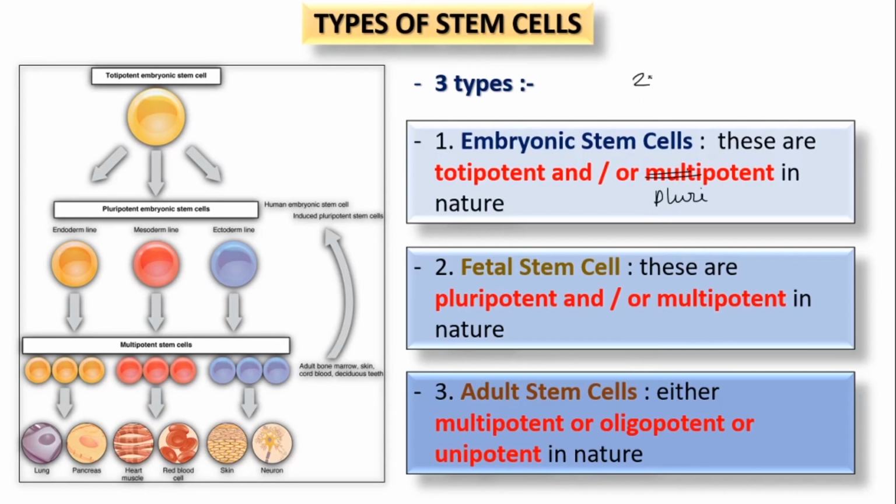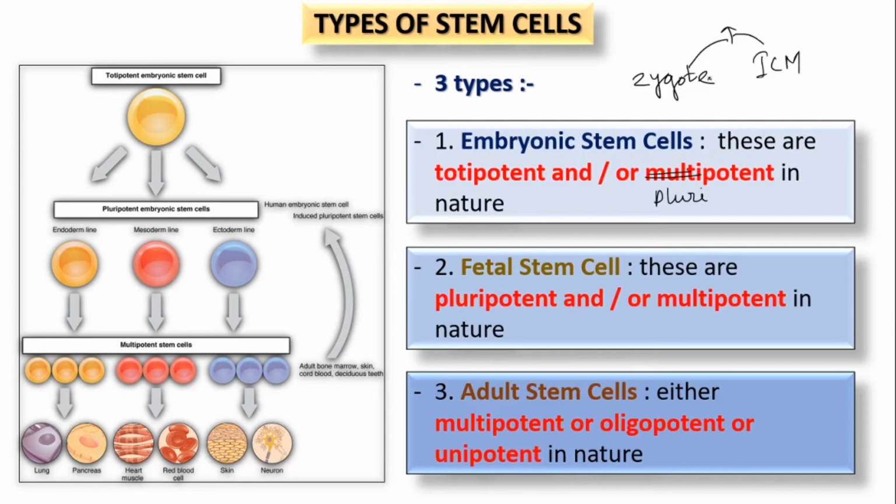Totipotent means the embryonic stage is the zygote, and pluripotent means the cell is the ICM, and these two show embryonic stem cells. Next is fetal stem cells.